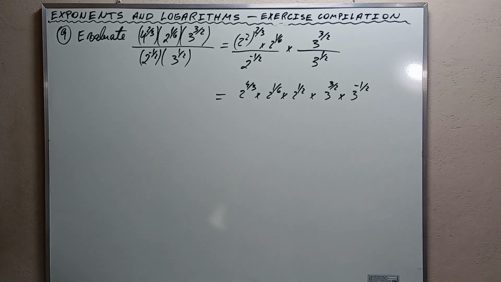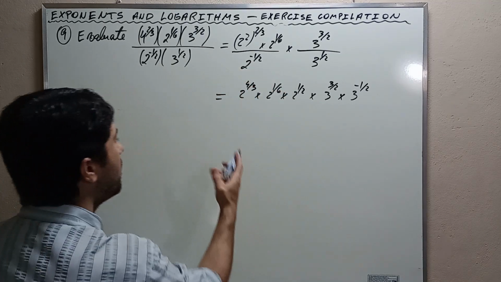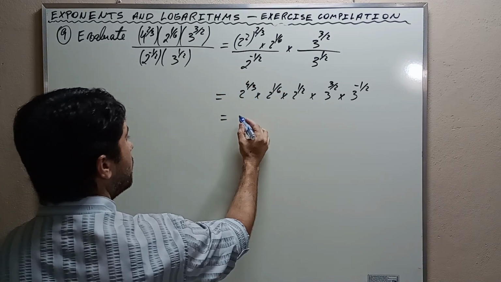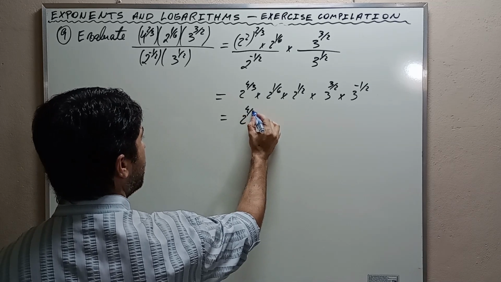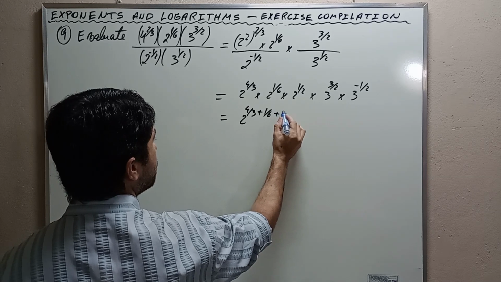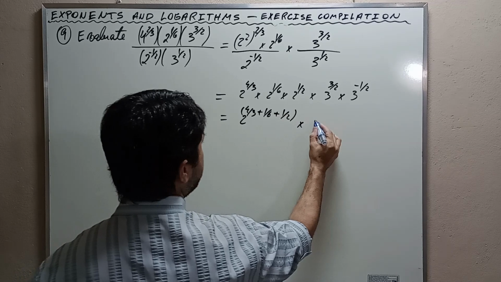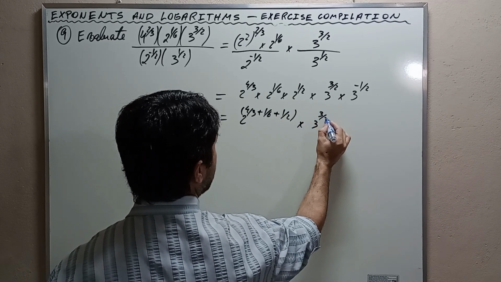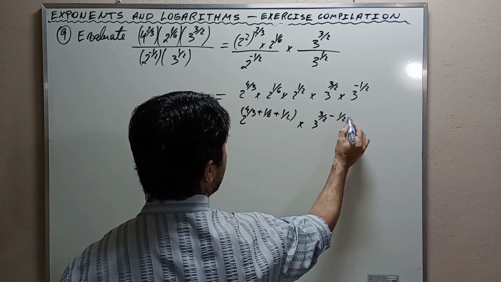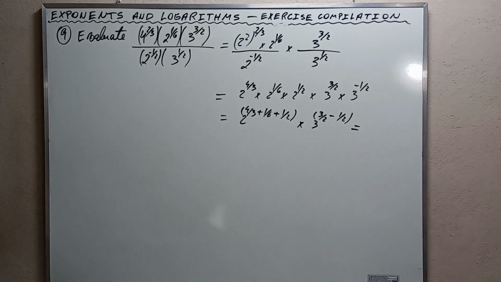Okay? What we need to do is to sum the exponents, then it becomes 2 to the 4/3 plus 1/6 plus 1/2 times 3 to the 3/2 minus 1/2.